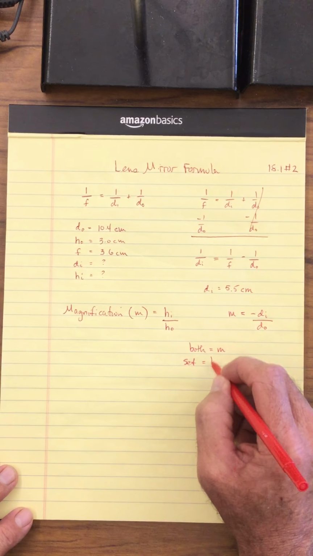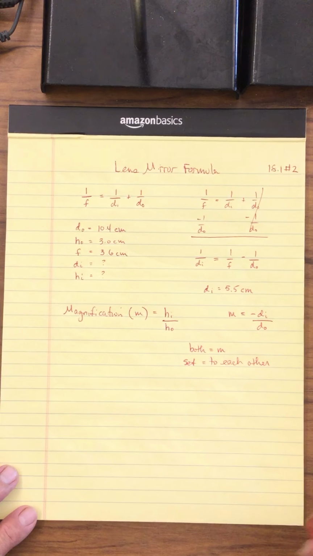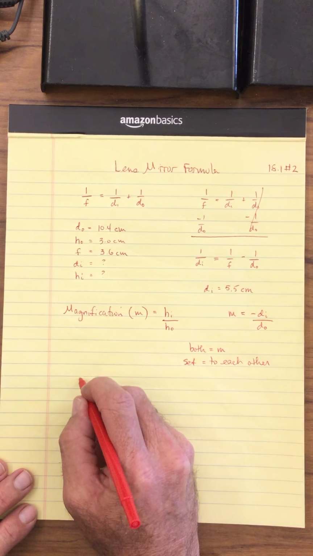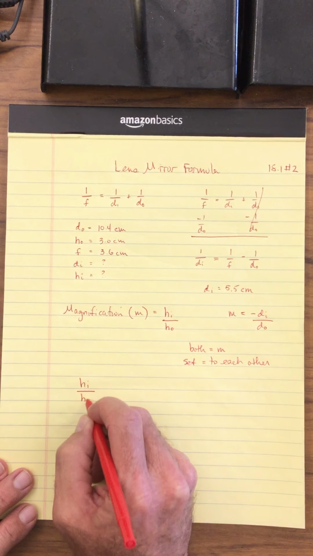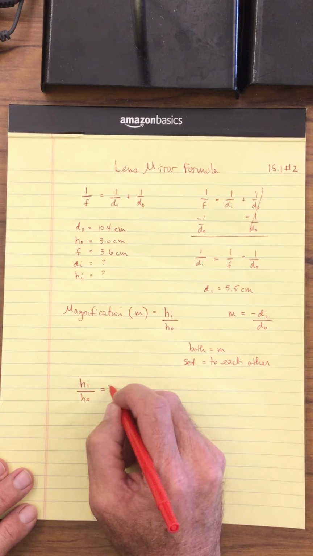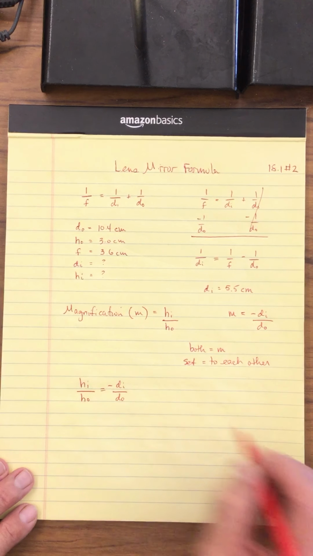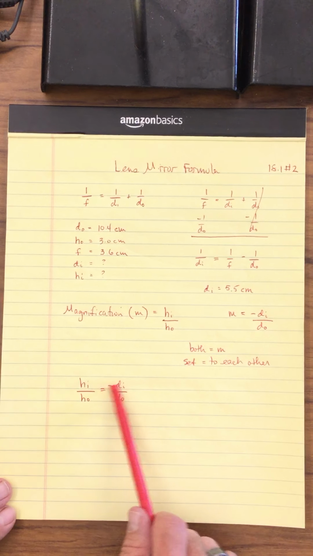So the magnification formula becomes this: the height of the image over the height of the object will equal the negative distance of the image over distance of the object. I call it hi-ho, negative di-do.